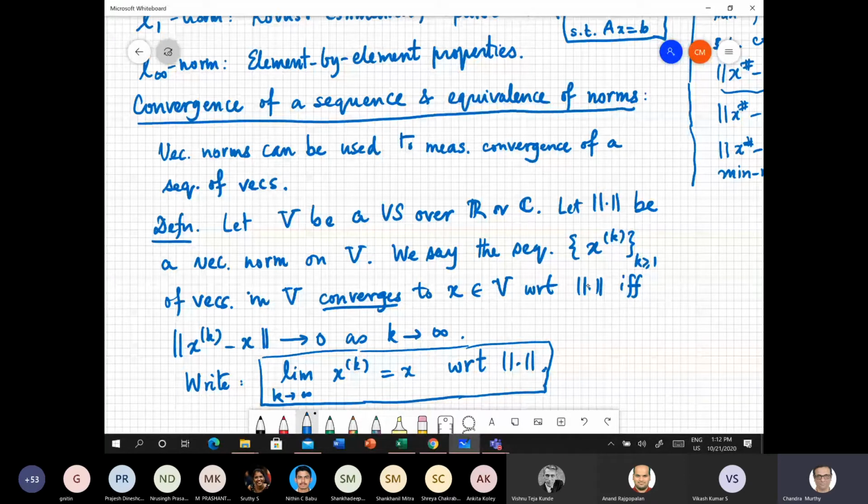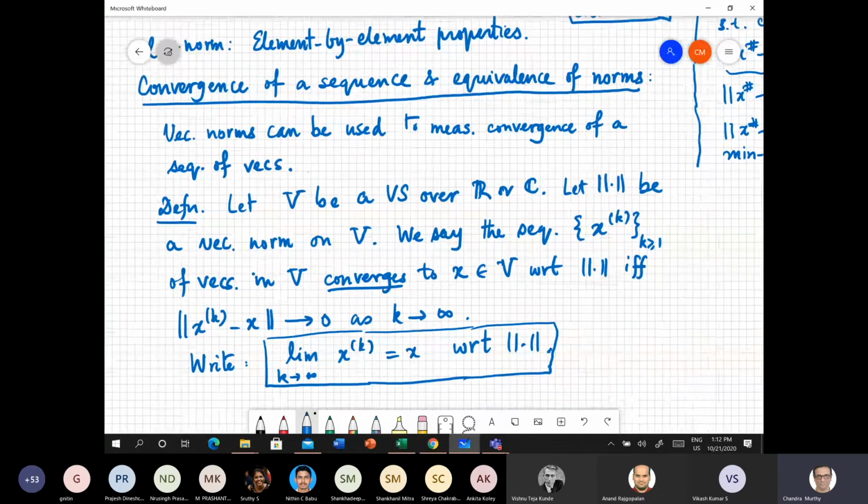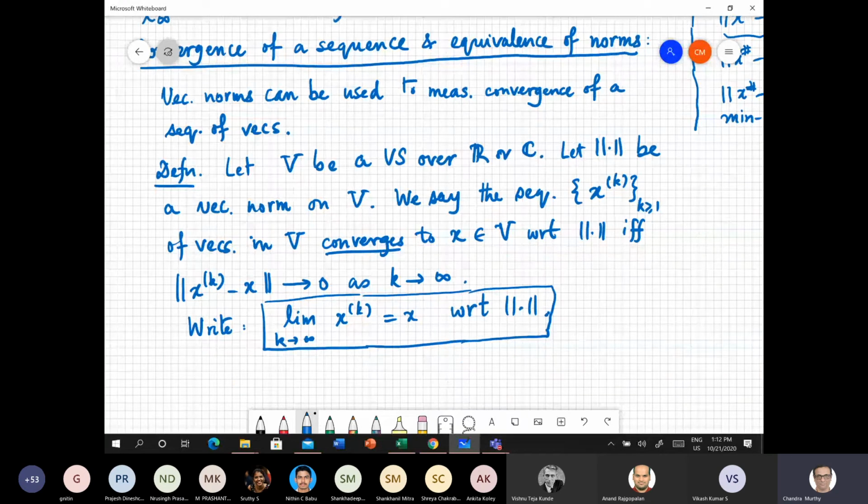And the second question is, can a sequence converge to two different points with respect to a given norm? It turns out that the answer to both questions is no in finite dimensional space, but it is possible that a sequence converges with respect to one norm but not in another in infinite dimensional vector space.